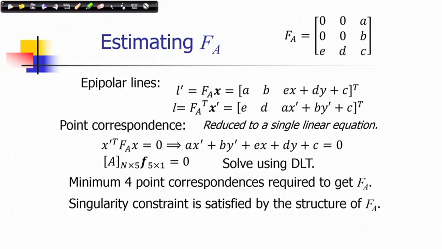So, if you take the determinant, you can check that the determinant value itself is 0 in this general structure. So, you do not have to perform any special operations to enforce singularity.